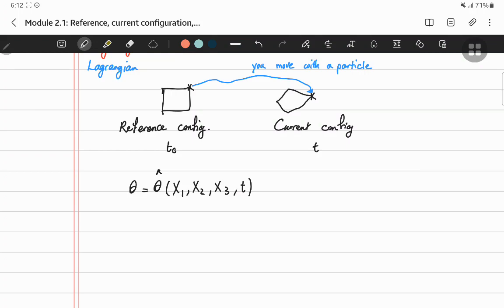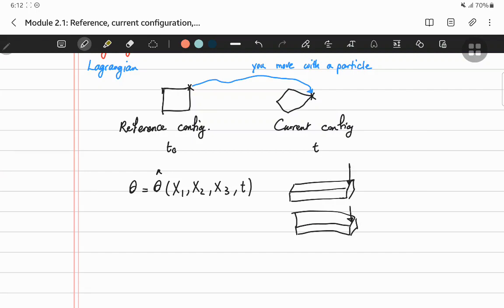This is usually, not always, used in solid mechanics, where you have, for example, a kind of beam, and you want to know how it deforms under a certain kind of load, right?